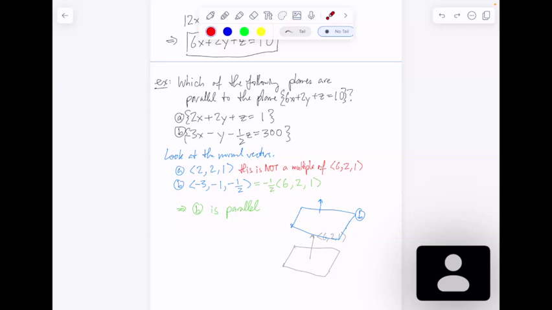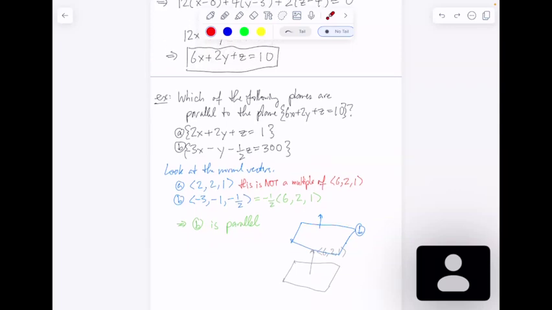Now, how do I know B is not the same plane as the one before? There's a bonus question, I guess. I don't ask this, but I certainly know that by looking at the normal vectors, B is parallel to my plane here. How do I know it's not exactly the same thing as the plane up there? I know the constant's different. If it were the same plane, then I would have to divide this by -1/2 as well. This would be -5.